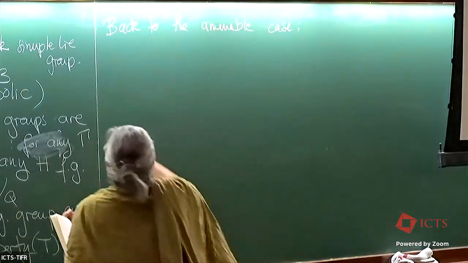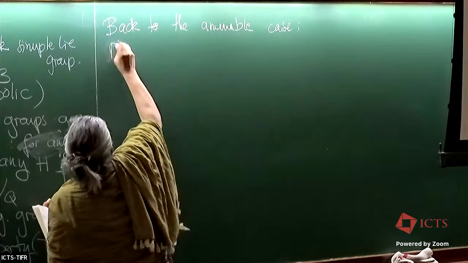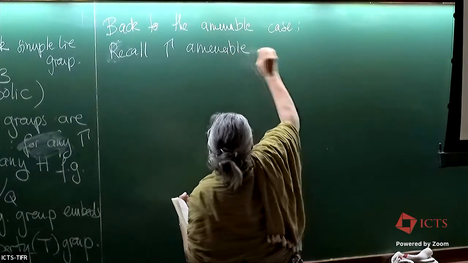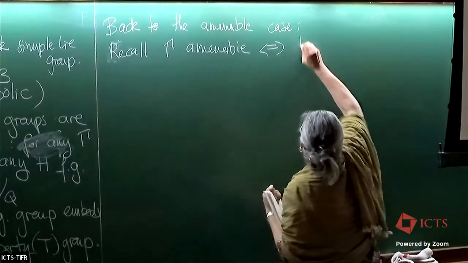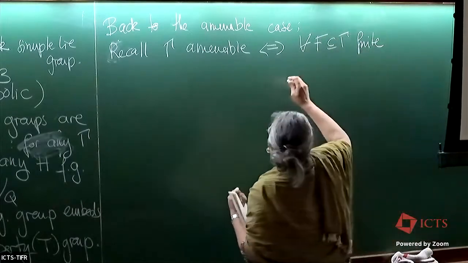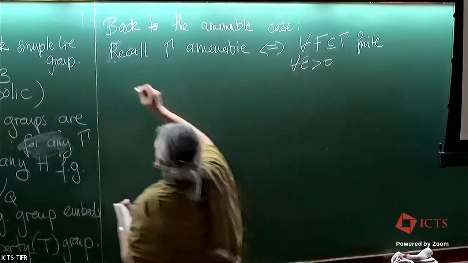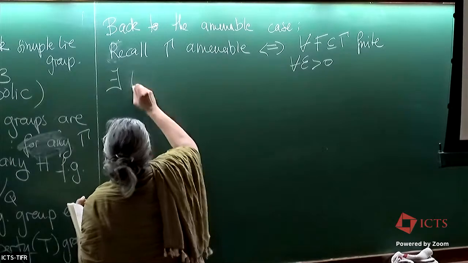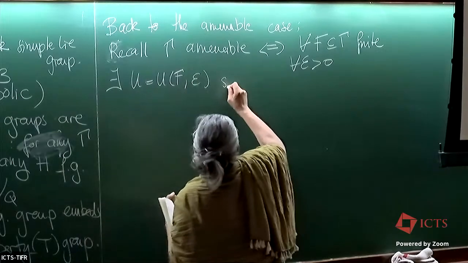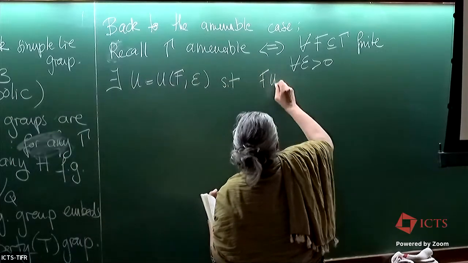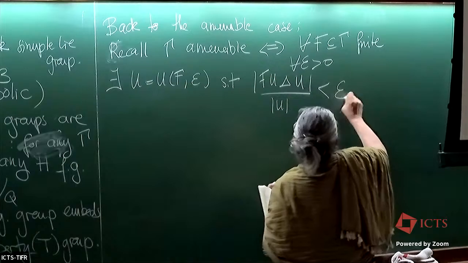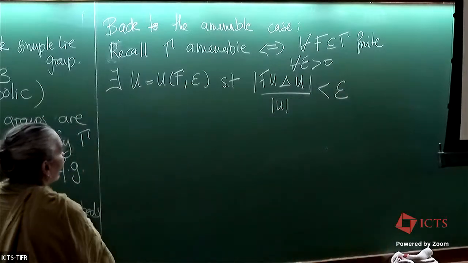Recall that Gamma amenable means that for any F contained in Gamma finite, for any epsilon greater than 0, there exists U, which depends on F and epsilon, such that |FU| is smaller than epsilon |U|.